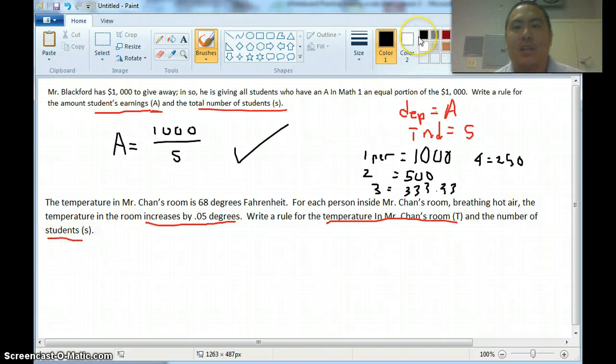Okay, so I'm going to leave this one up to you guys. The only thing I'm going to do for you is say that the temperature in my classroom depends on the number of students. So I know that this one is dependent and this one is independent.